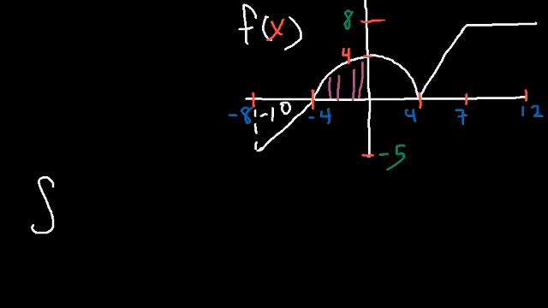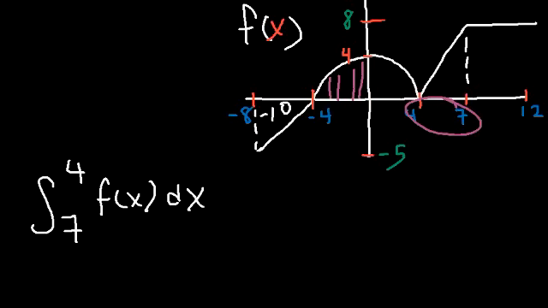Now what is the value of the integral from 7 to 4 of f of x dx? So the numbers are backwards. We need to find the integral from 4 to 7 first. So from 4 to 7, we see that the base of the triangle differs by 3, and the height is 8. 3 times 8 is 24.